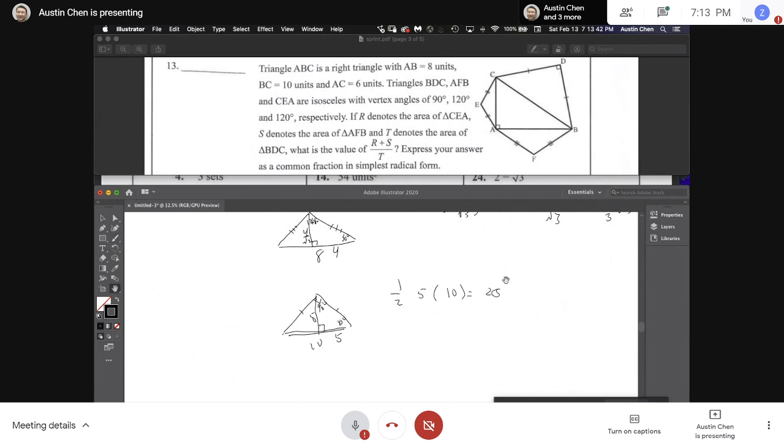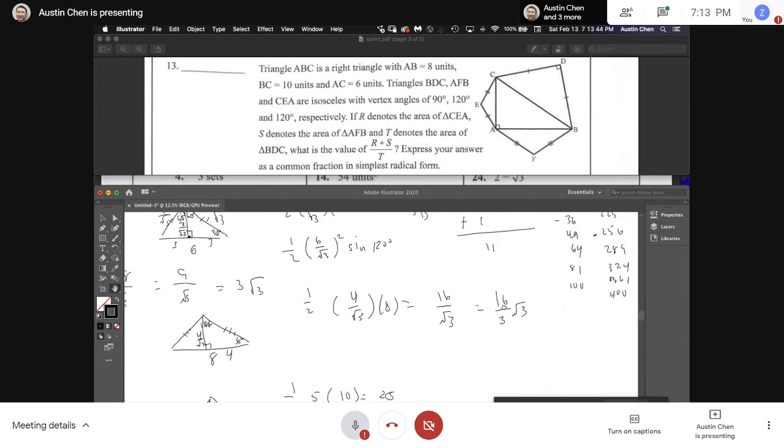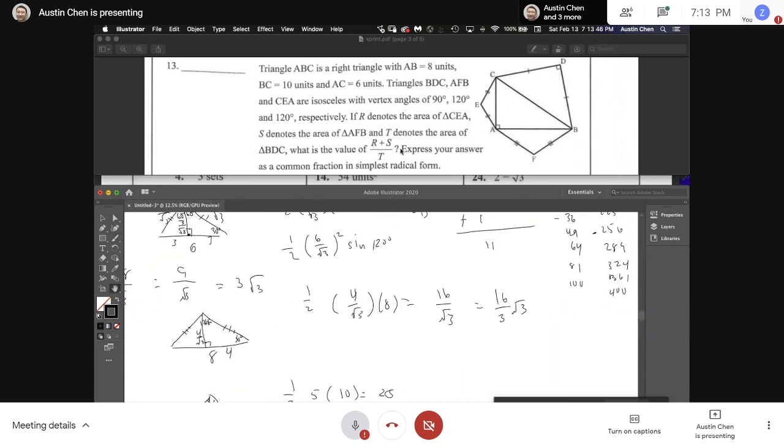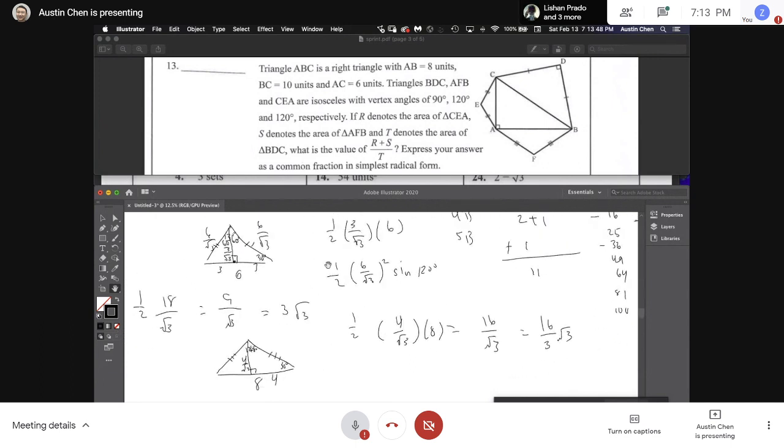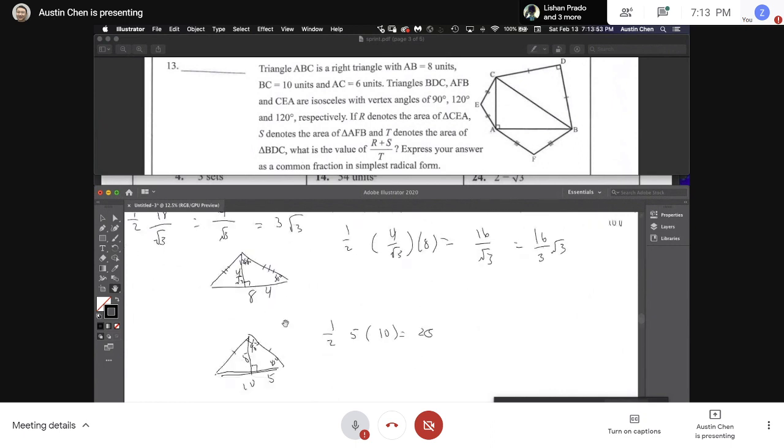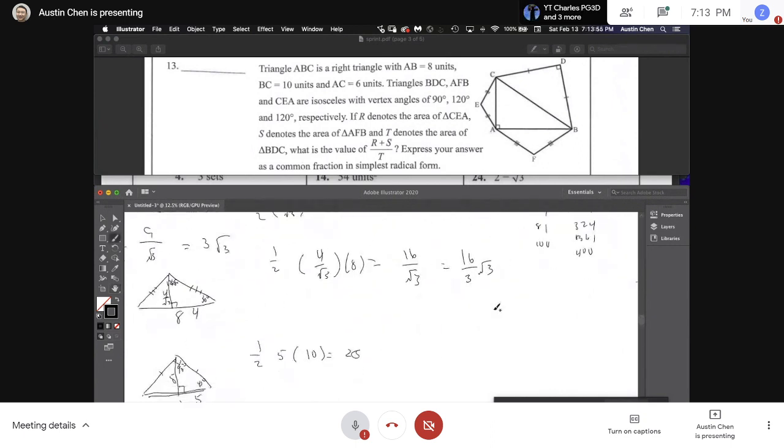Which is just 25. Okay, and if you look at the RST stuff again, you're going to see that we want to find the area of this plus the area of this over the area of this. So then just combine all those numbers. We're going to have 3 root 3 plus 16 thirds root 3 over 25.